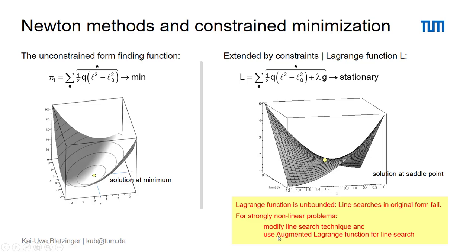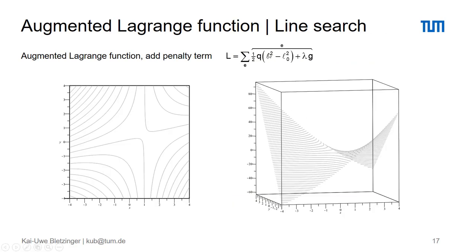And that means we are modifying this Lagrange function into what is called the augmented Lagrange function, just by adding to the Lagrange function this extra term, this penalty term, where we take the constraint squared and multiply it by a penalty parameter of finite size and by 1/2. So what we receive now is the augmented Lagrange function. It has this special property that at the optimal solution of the constrained problem, when the constraint is 0, this penalty term also is 0.